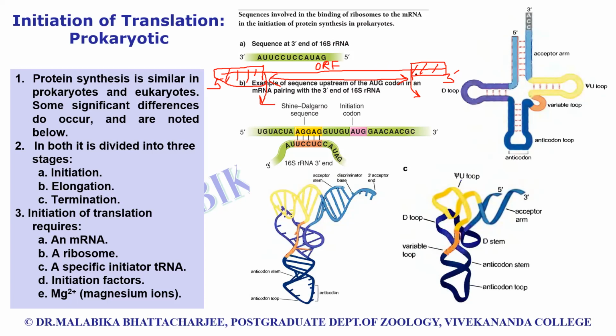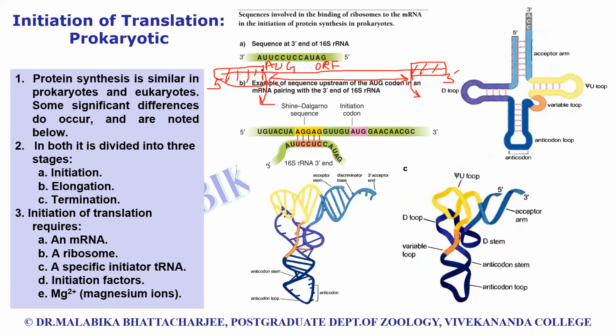The second property of the mRNA is that the mRNA also clearly points out from where this open reading frame starts. In bacteria, as we studied the earlier day, the initiation codon is AUG. So that is our start site for the open reading frame.